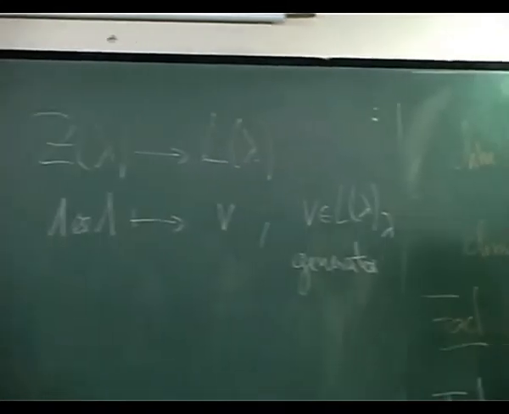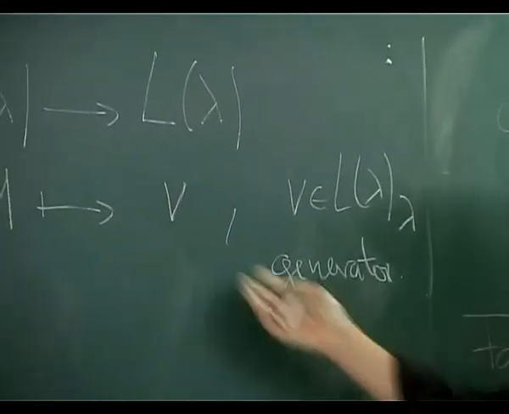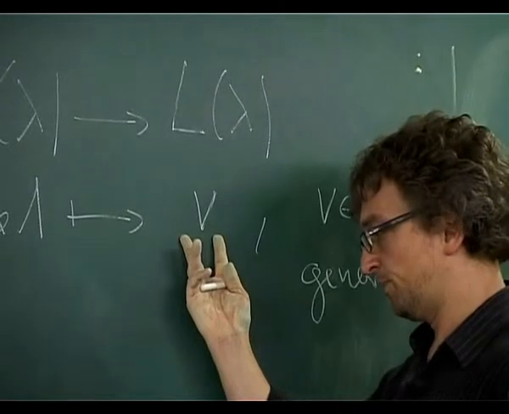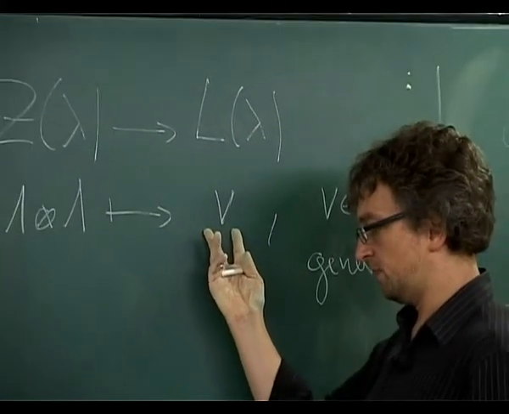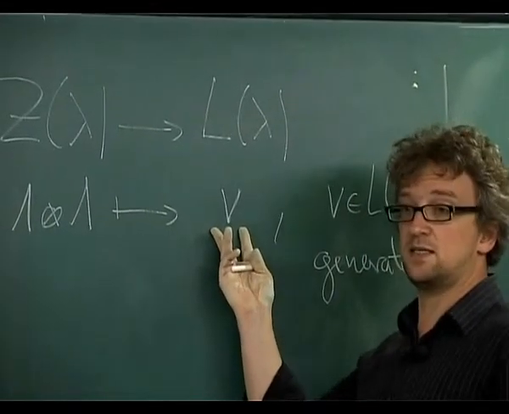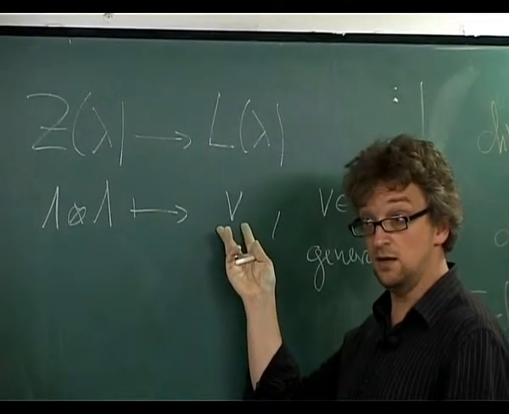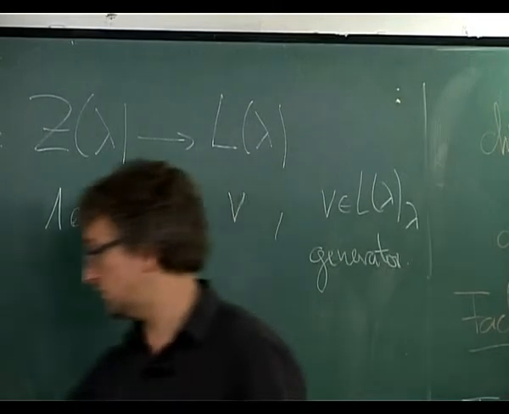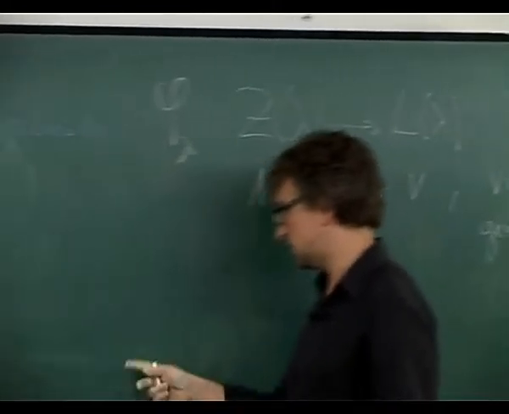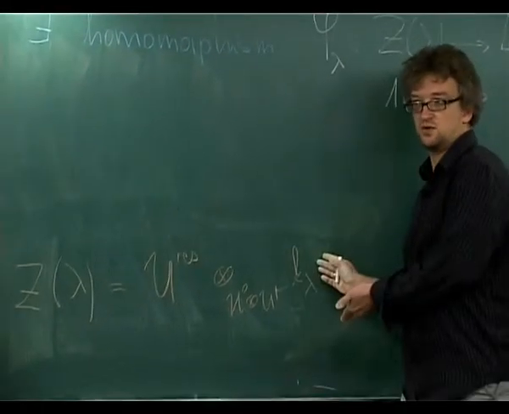Well, just because the line through v is stabilized by the Borel, and so it's stabilized by U0 plus U plus, and if you differentiate it, it's the module K lambda.